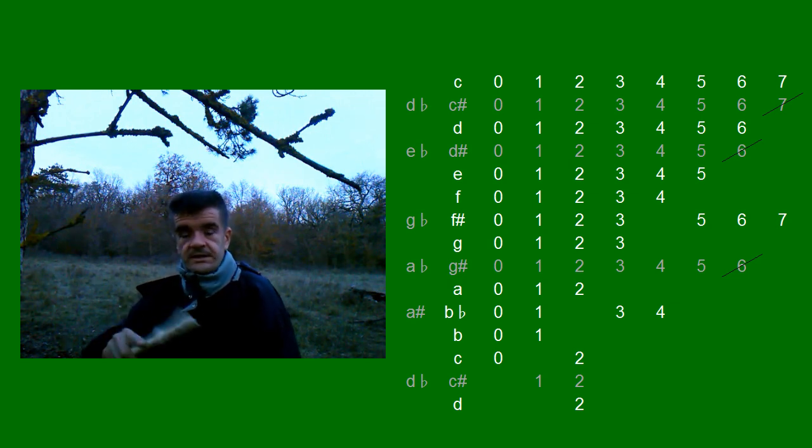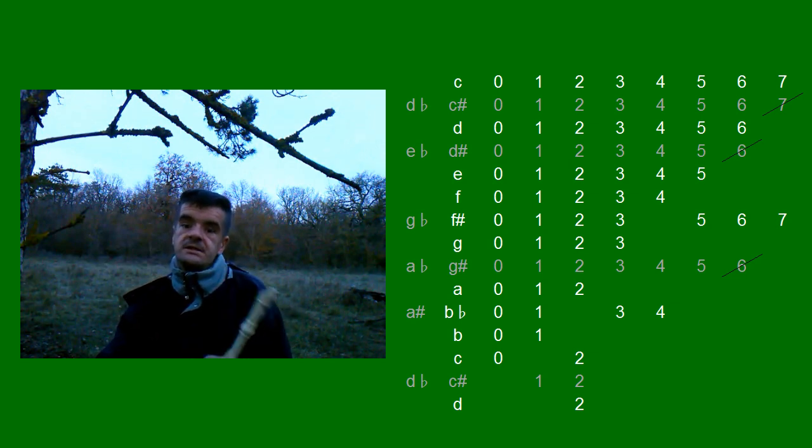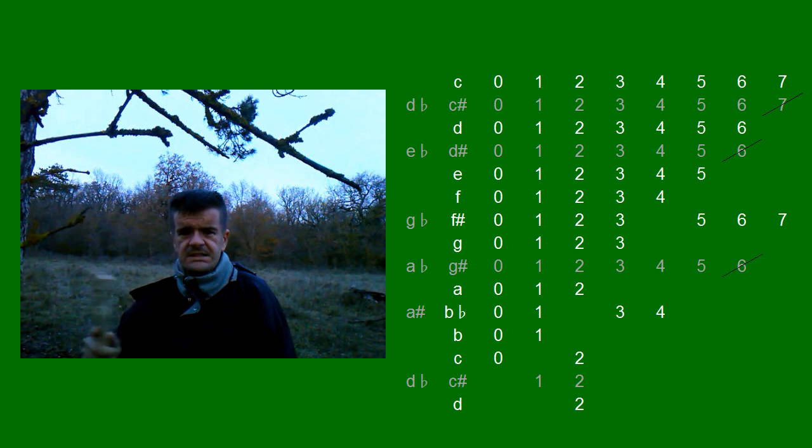And we have those, what we are talking about now. We have the notes C, D, E, F, G, A, B, C, and D. This is what we will need. And we will add B flat and F sharp. Why will we add them? It's very simple.